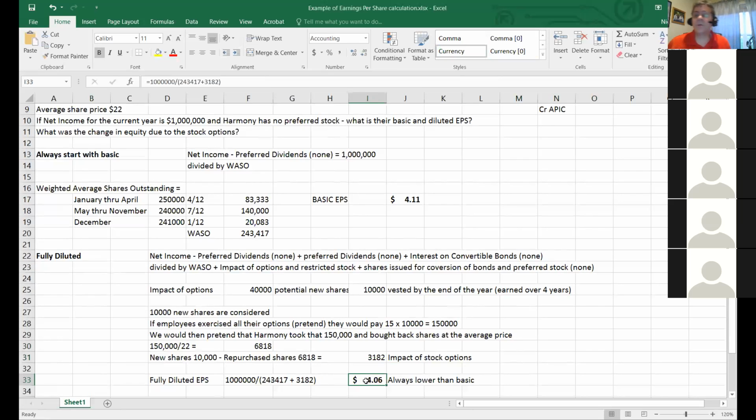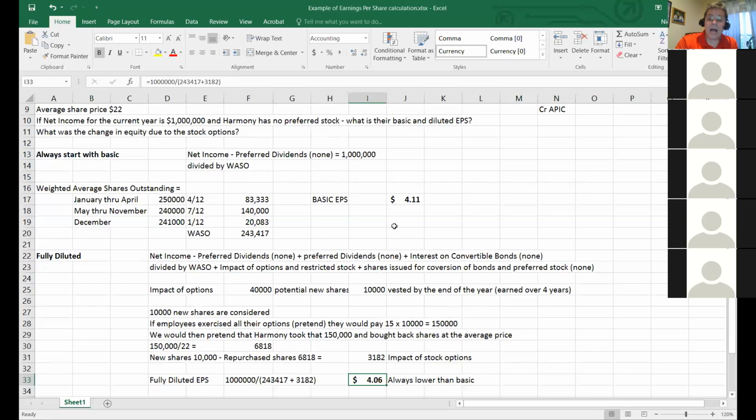And we get $4.06, always lower than basic. Fully diluted is always lower than basic. If it's higher than basic, then you either made a mistake or, okay, you would actually ignore that calculation and just use the basic earnings per share because it's not a dilution, what's called a dilution.